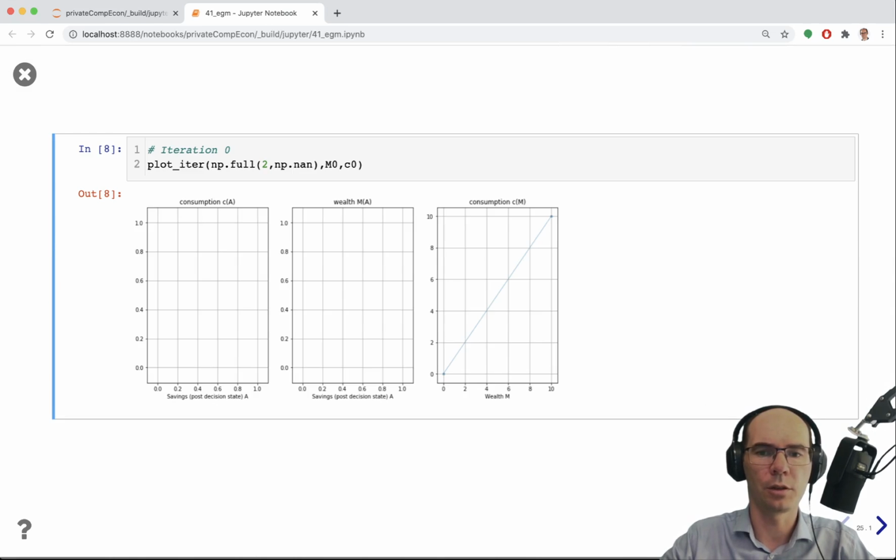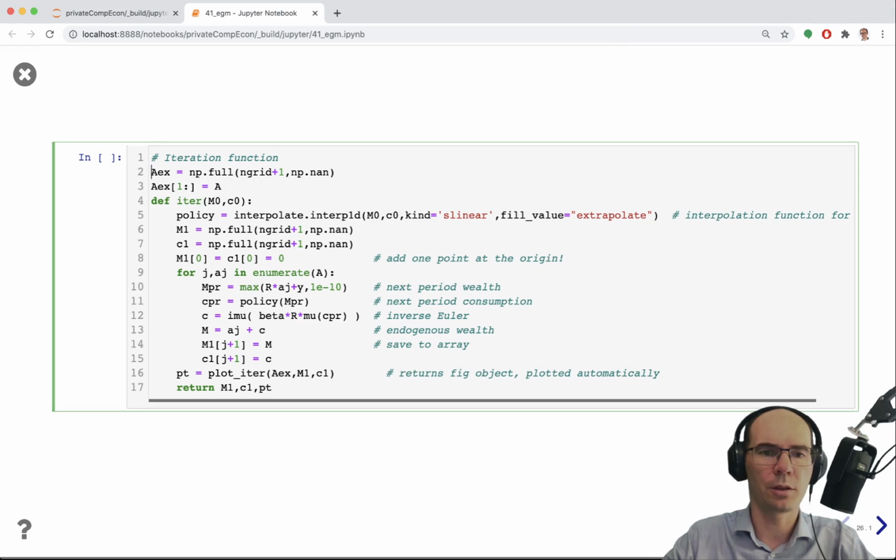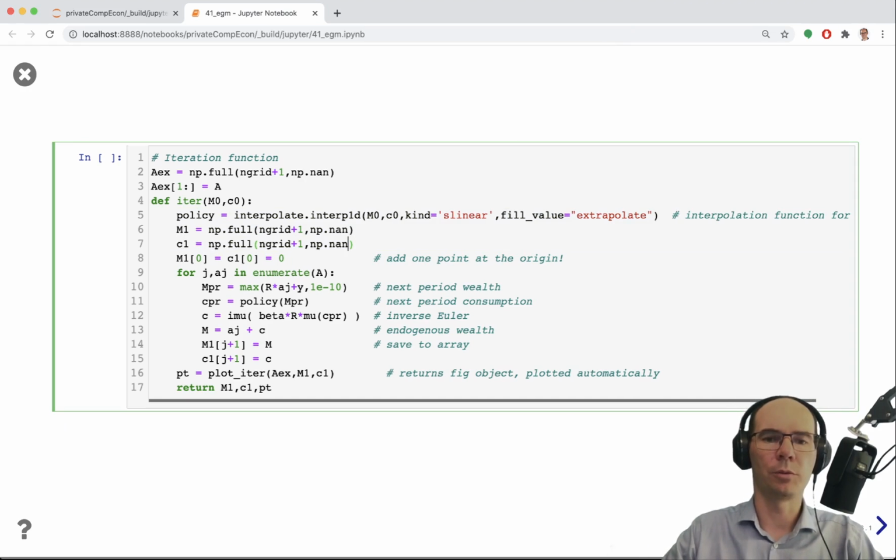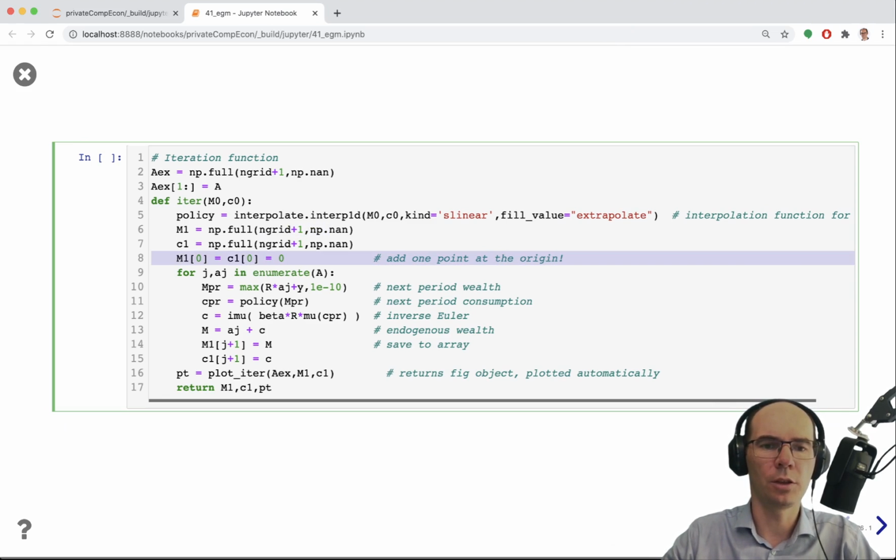And here's the iteration 0, which is exactly the same as before. But here's, and I've written a function here for the iteration. And here's the iteration function. Now that we interpolate and we start creating, or we allocate space for the new updated consumption function, observe here that we are allocating an additional point that we have to add to the solution. And this additional point is just going to be 0, the origin.